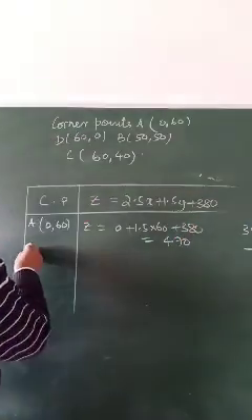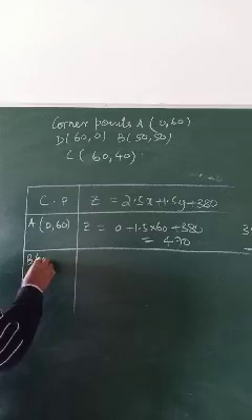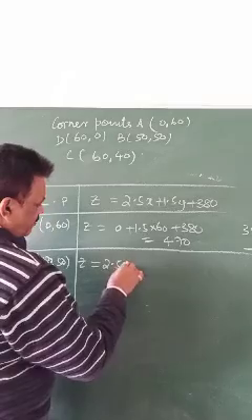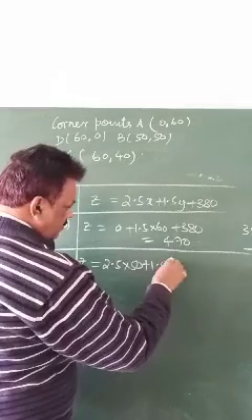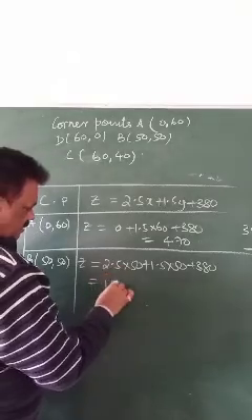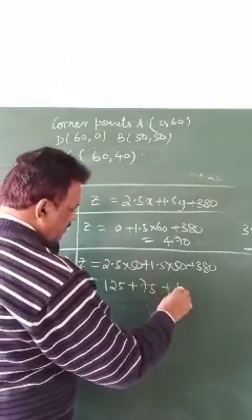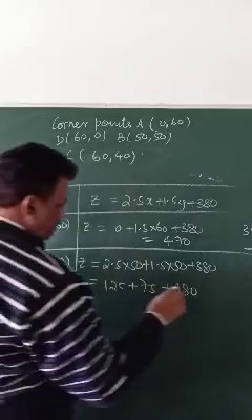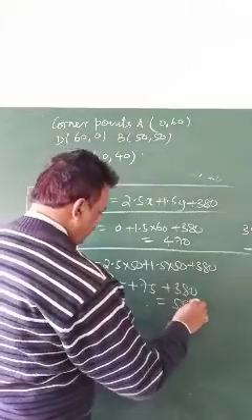Then comes B: 50, 50. Z equals 2.5 into 50, 1.5 into 50, plus 380. How much you got? 125, 75, 380. 200, 580.